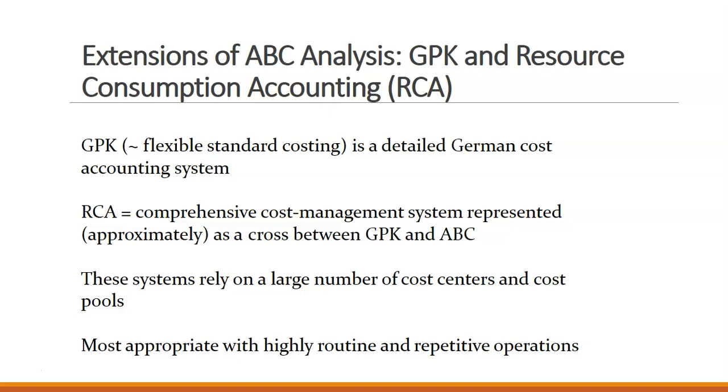These are much easier to use if we have highly routine and repetitive operations. So robotic manufacturing, where we have machines doing a lot of the work, and we can compare activities.